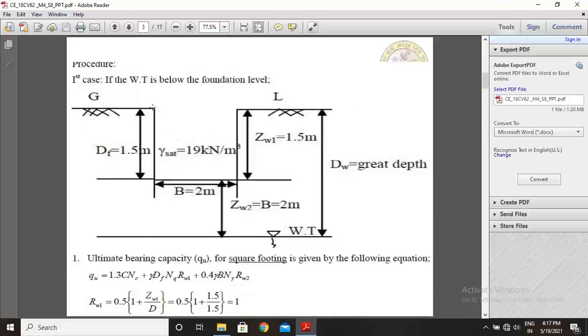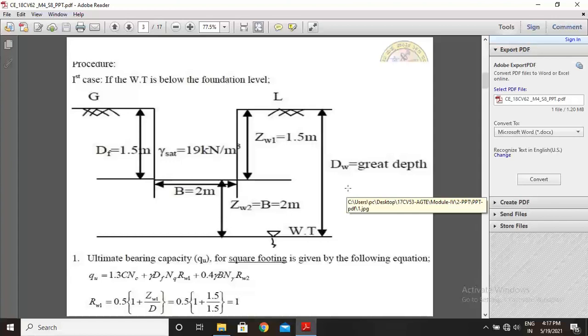Dimensions: depth of footing is 1.5 meter, width of footing B is 2 meter, and saturated unit weight of foundation soil is given, and this is ground level, and from here to here we are considering as ZW1 equal to 1.5 meter, and B is nothing but ZW2, and here we are locating water table, so from here to here DW is nothing but a great depth.